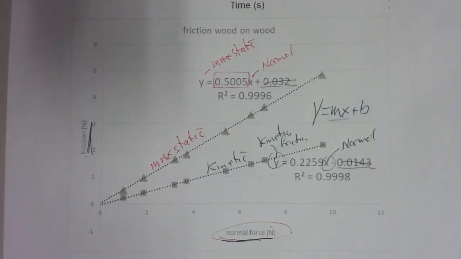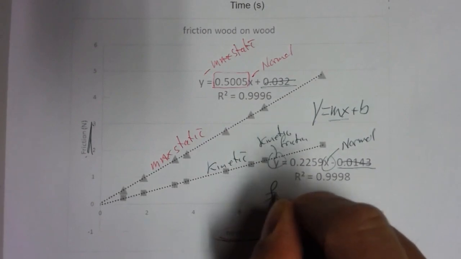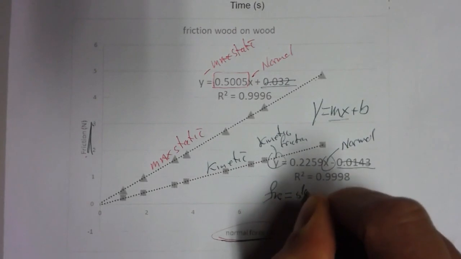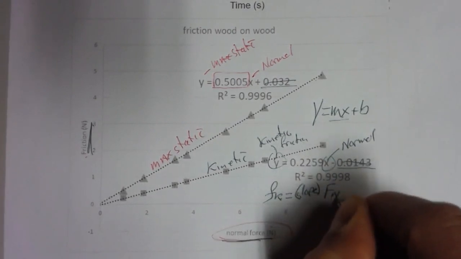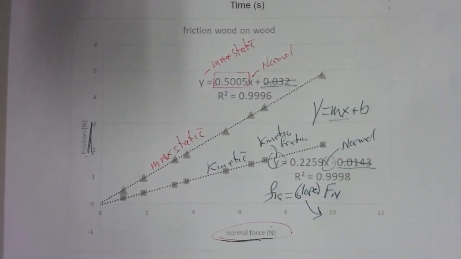So what happens is we get these relationships. We get a relationship here for kinetic friction that the kinetic friction is equal to some constant, the slope, times the normal force. Well, that slope depends on the material. In this case, it was wood on wood.